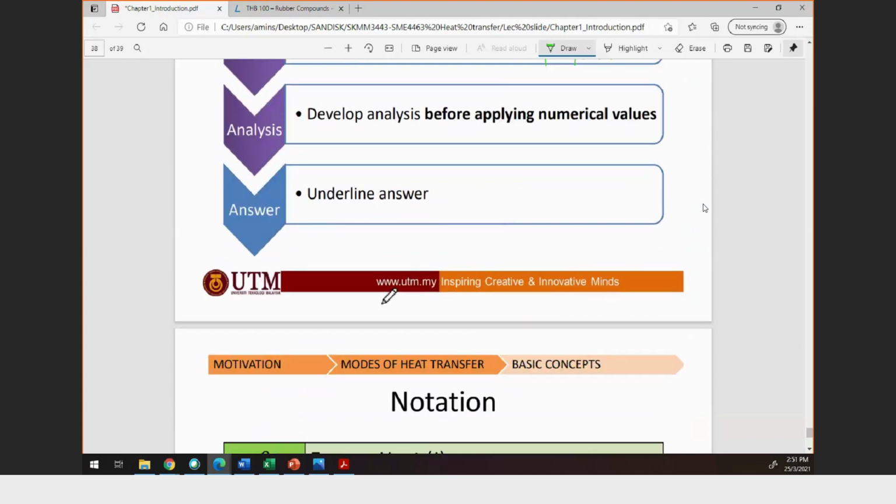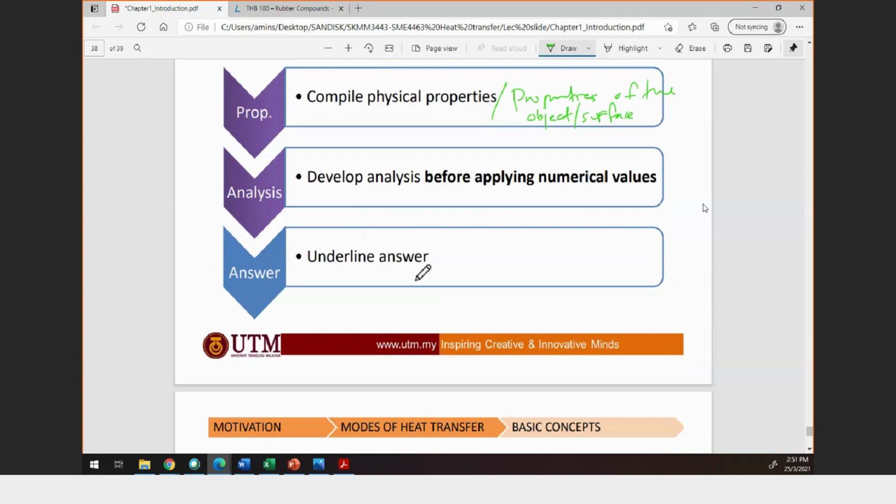And then the answer, underline the answer. Probably you may do some discussion, and I can put it here under discussion, because some analyses require us to give some comment.